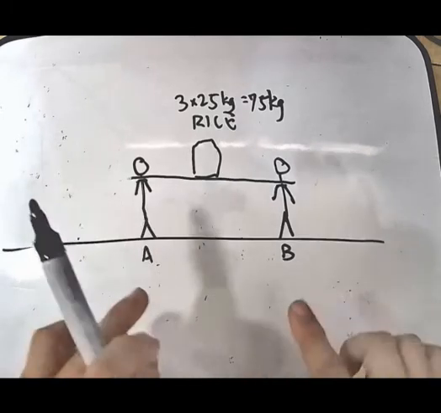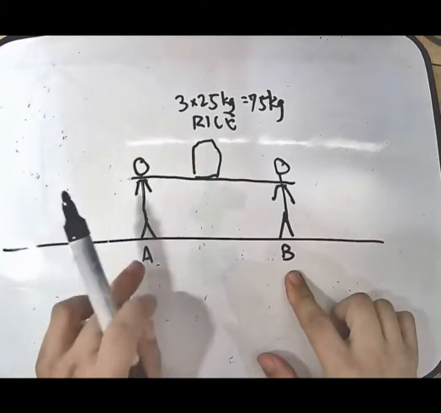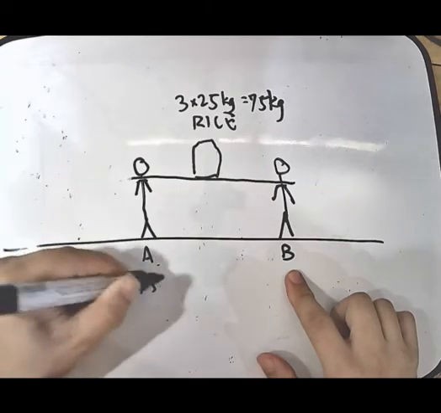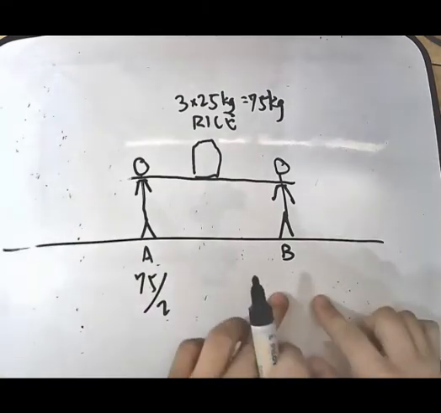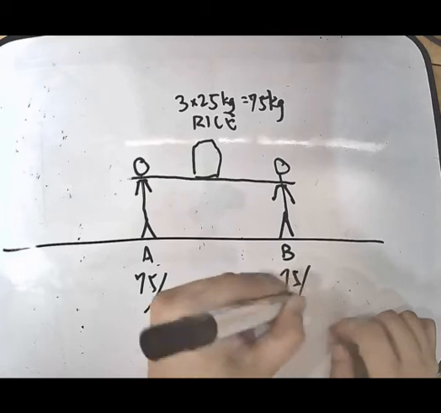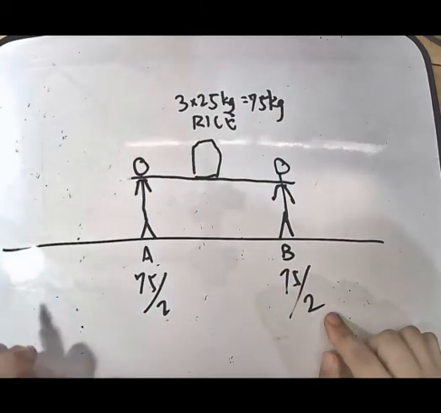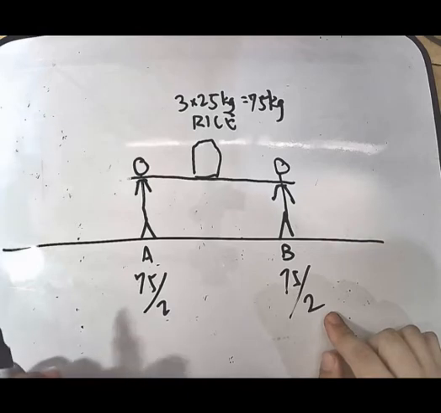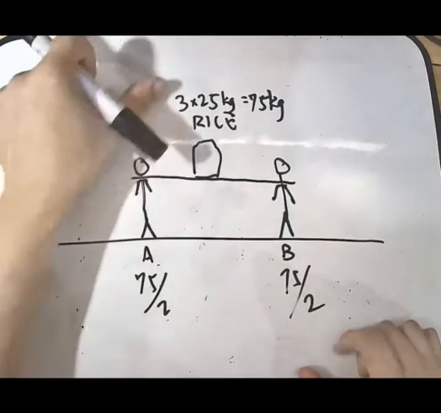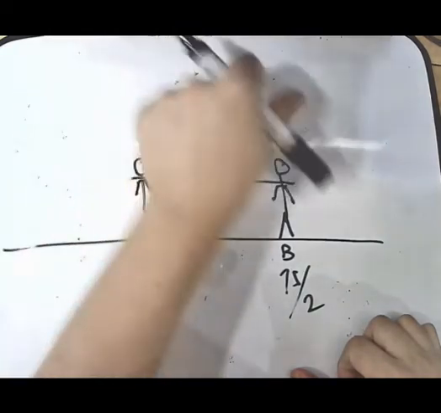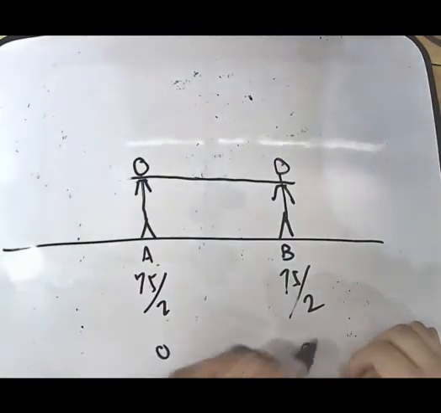So, sa palagay nyo ba, ang binubuhat ni letter A is 75 divided by 2? Tapos si letter B, 75 divided by 2? Yes, of course. Pero, what if tanggalin natin yan? Sa palagay nyo ba, 0 ang binubuhat ni A at B?